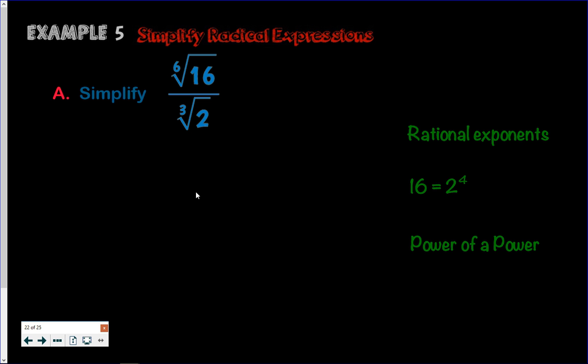Okay. Look at this one real quick. So on this one, the first thing you have to do is put it in rational number form.